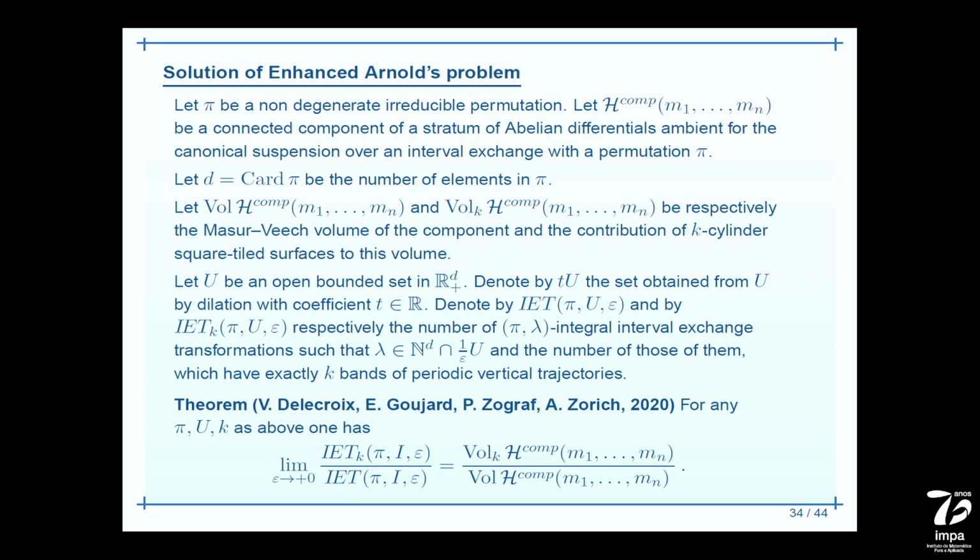And the claim is that the frequency of these interval exchange permutations with plenty of elements and fixed combinatorics is the same as the ratio of the count of square-tiled surfaces in the resulting stratum of abelian differentials with k cylinders over all square-tiled surfaces.